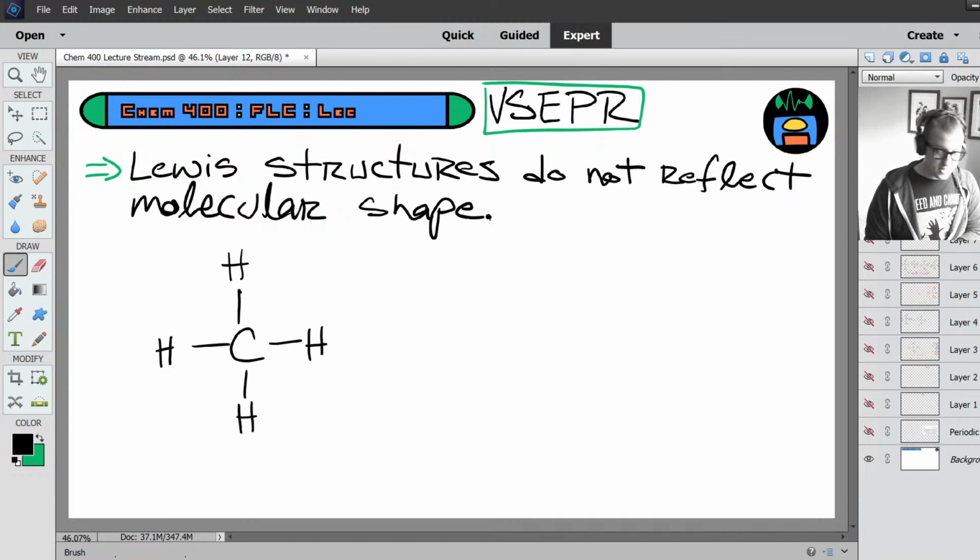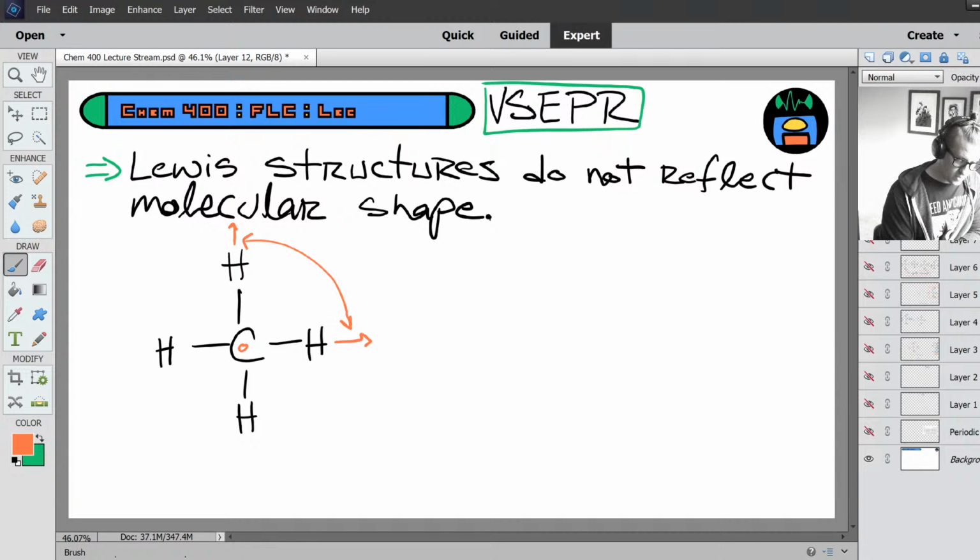If you measure the angle formed by the bonds here, using carbon as the central point, this angle comes out to be 90 degrees, right? That is a right angle, and that is the farthest that four atoms attached to your central carbon can get away from each other in two-dimensional space.